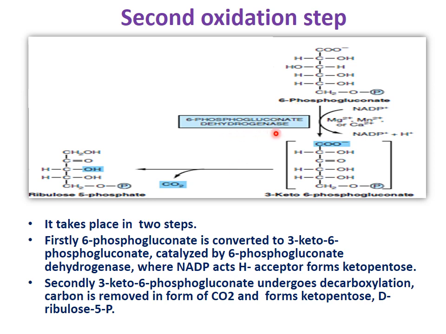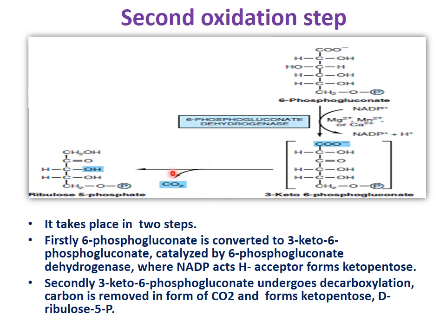In the first step it is dehydrogenation, and in the second step it is decarboxylation. So in the first, dehydrogenation, hence the enzyme is dehydrogenase, and the same enzyme, 6-phosphogluconate dehydrogenase. In dehydrogenase we use the name of the reactant.